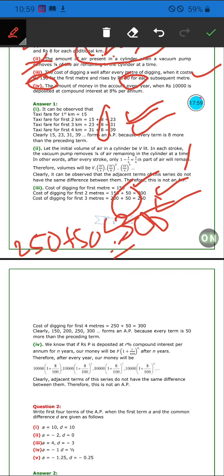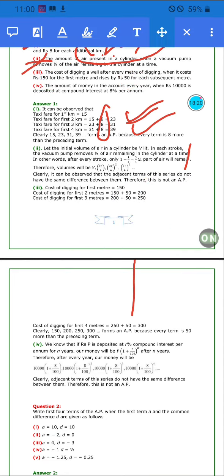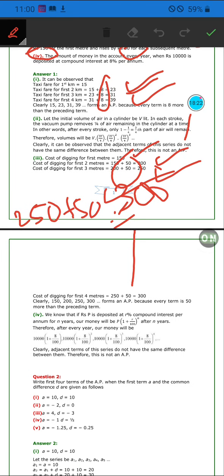So let us go through the fourth question. The amount of money in the account every year when rupees 10,000 is deposited at compound rate of 8% per annum. Compound interest: go through the compound interest formula, P into (1 + r by 100) whole raised to n.